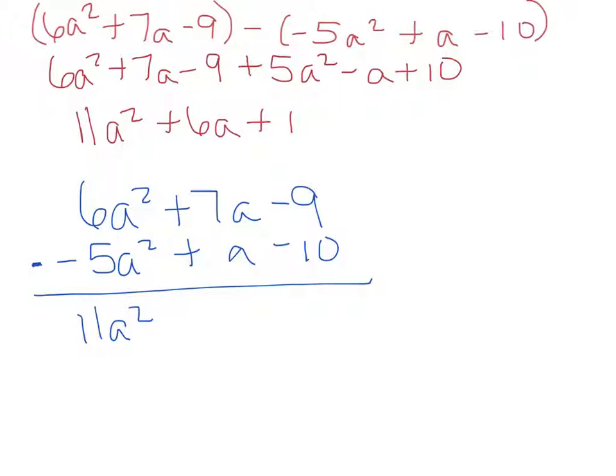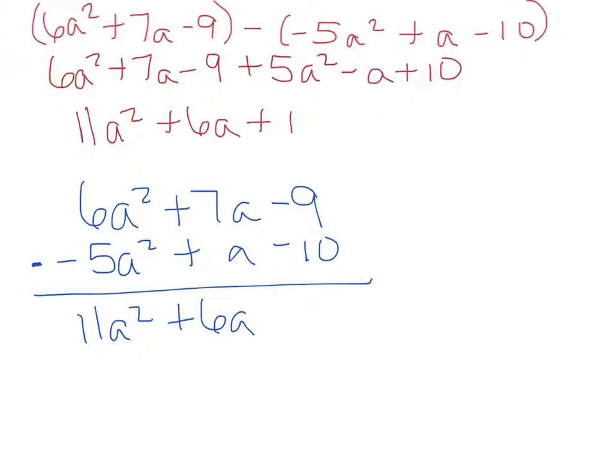Okay, and then 7a minus a, minus a positive a, right? 7a minus a is 6a, positive 6a. And again, we have a negative 9 minus negative 10, which means we actually have negative 9 plus 10.